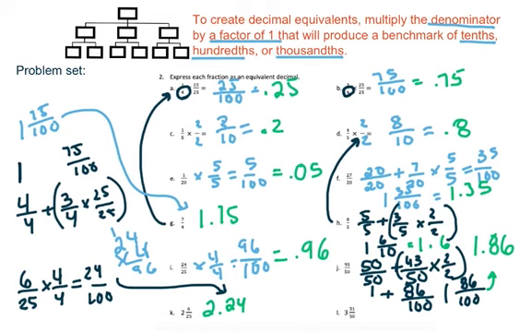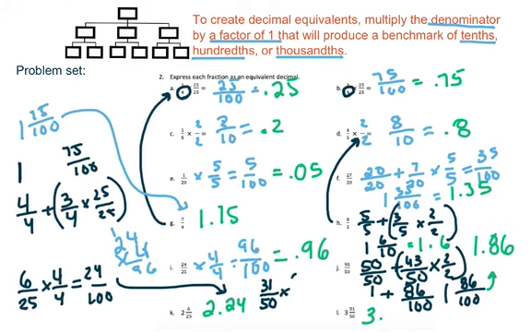Lastly, I know that we have very little space, but I have 3 and 31/50ths. If I'm going to write this as a decimal, I have 3 as my whole number, and it's some decimal that is equivalent to 31/50.